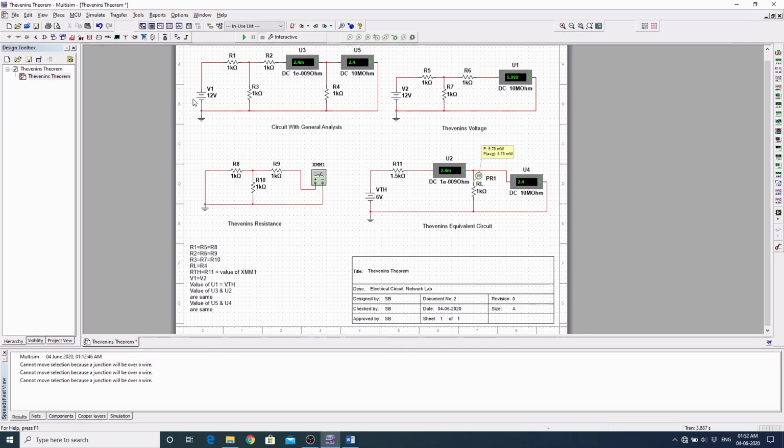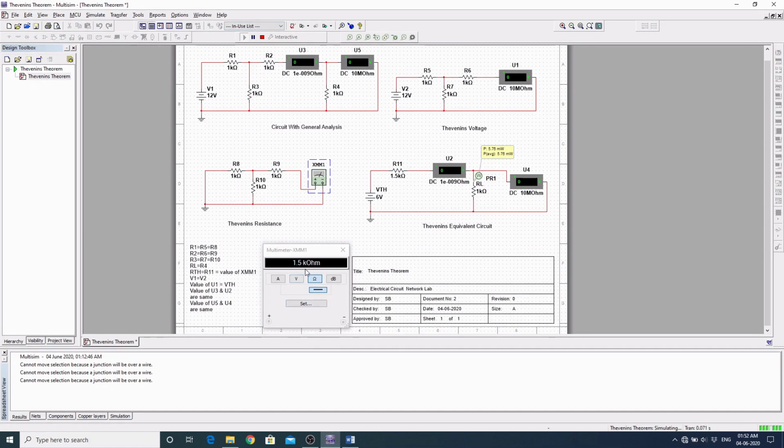If any current source was available, then we would have to replace it with its internal impedance, that is infinite, so we would open circuit that section. But in our case it is a voltage source, so the short circuit is done over here. The load resistance is also removed from this section, and the equivalent resistance is measured by using the multimeter.